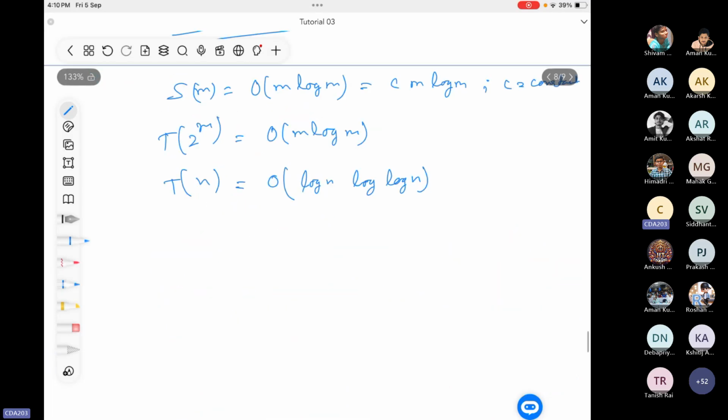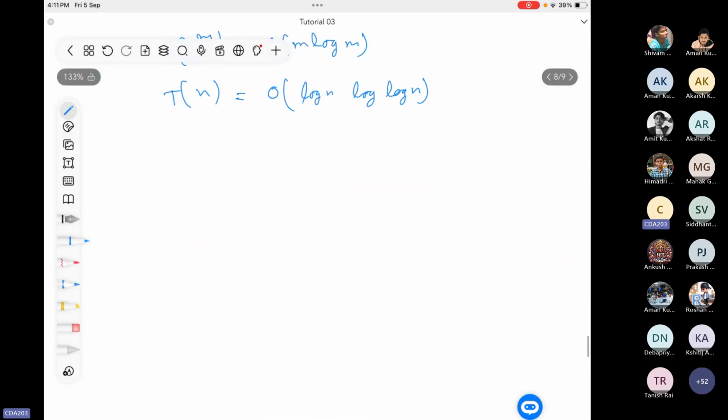So this is another method. The iterative method I think you have already seen when you solved the running time for merge sort. If you look at that note, that is actually what you are doing.